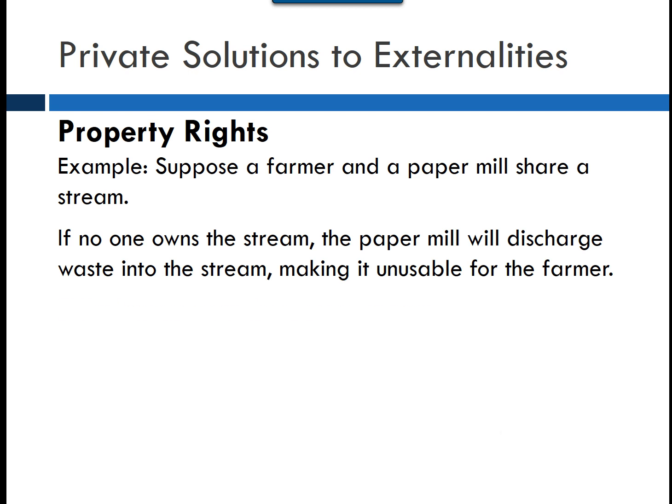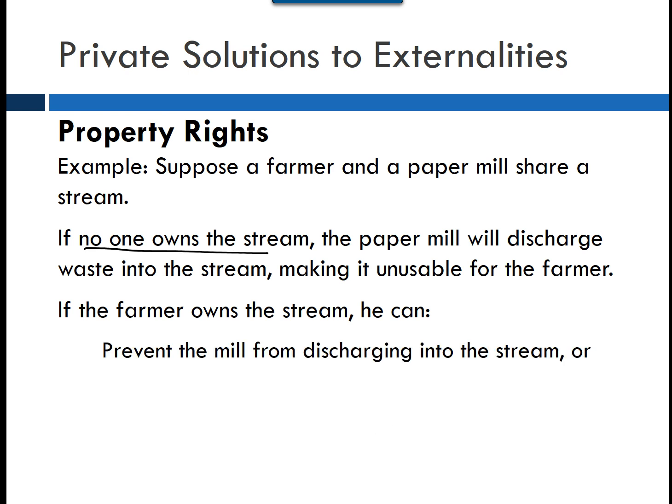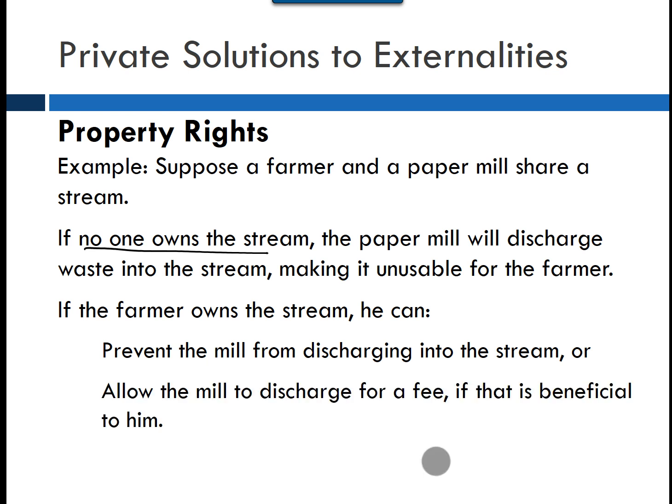And again, the lack of property rights here is the problem because no one owns the stream. If the farmer owned the stream, he could say, all right, I forbid you from discharging into my water. Or he could say, I'll let you discharge, but you've got to pay me, because maybe it would cost him $3,000 to clean up the water.